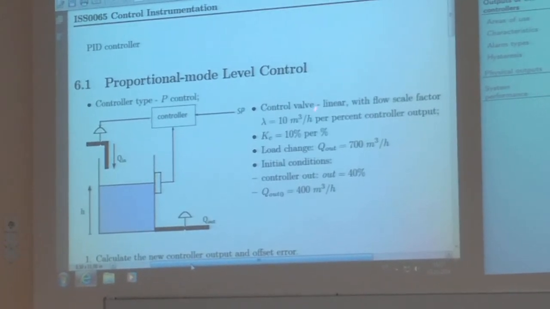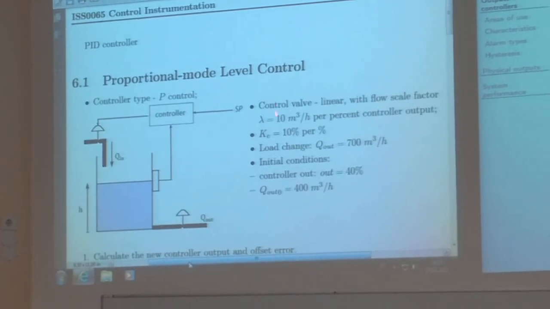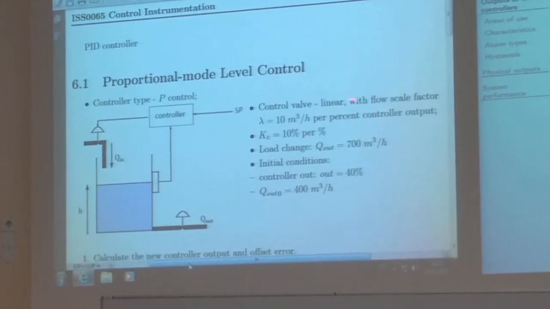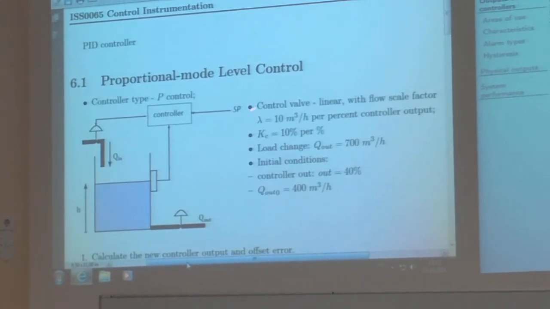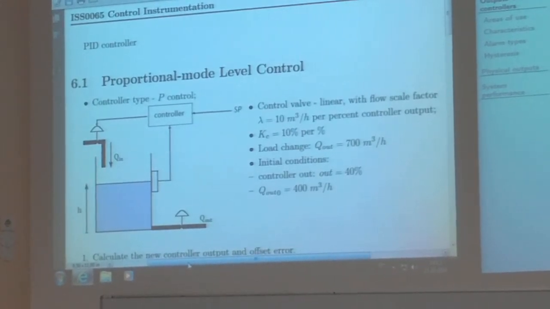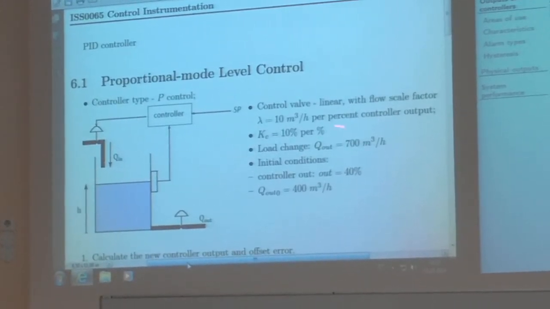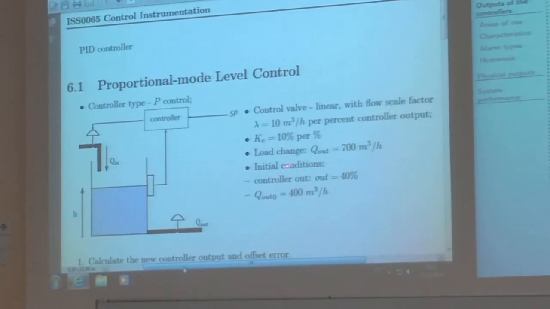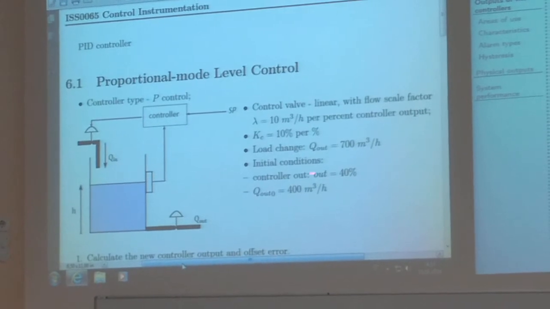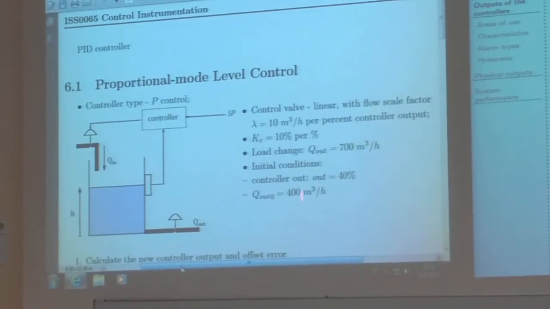This is lambda, which shows that we can have 10 cubic meters per hour per percent of the controller output. Also we know that our controller gain is 10% per percent, and the load change is 700 cubic meters per hour, and initially it was 400 cubic meters per hour.